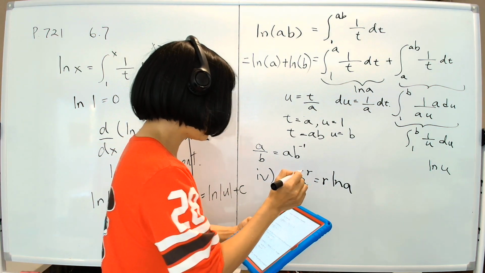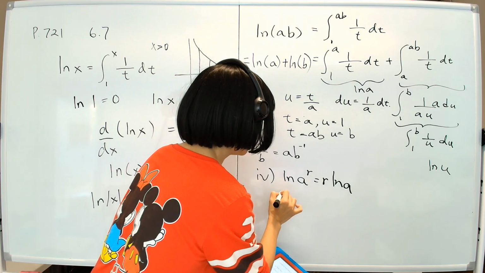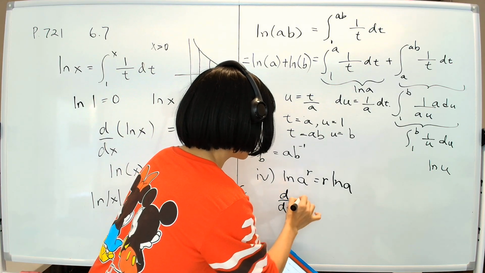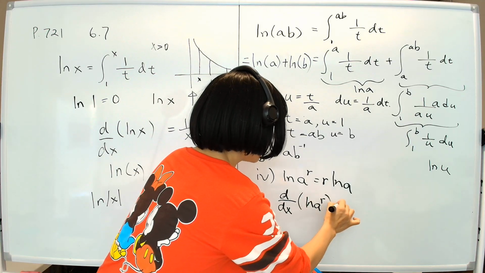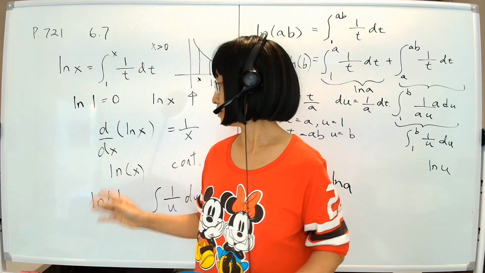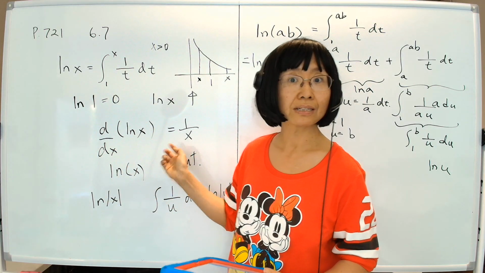The derivative of natural log of this thing itself is equal to, let's write it down. By the definition from the very beginning, we know the derivative of natural log is 1 over the item.